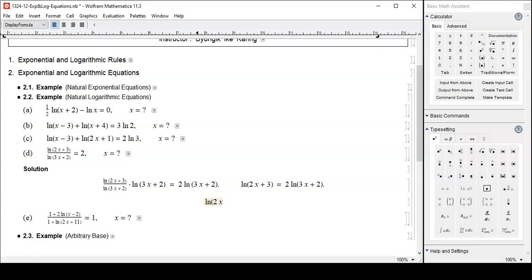Log of 2x plus 3 is equal to log of 3x plus 2 to the second power now, after removing this over there.